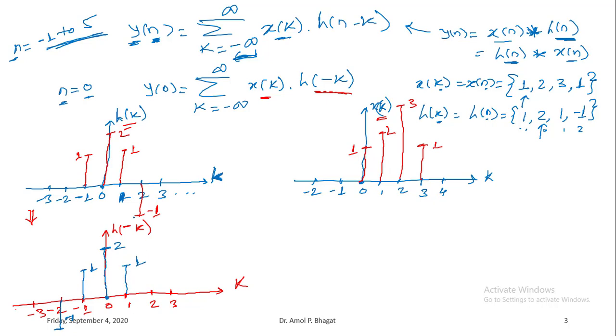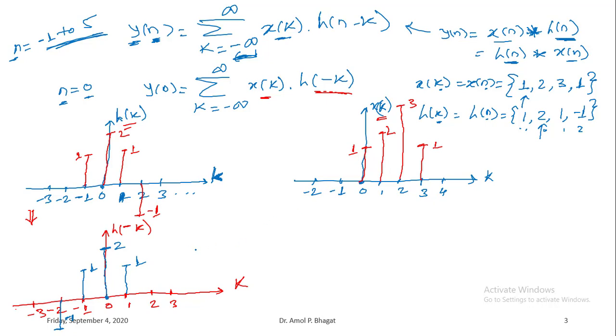I simply folded this sequence about origin. The values on the right hand side of 0 are now on the left hand side, and the values on the left hand side are now on the right hand side. So this is h of minus k.